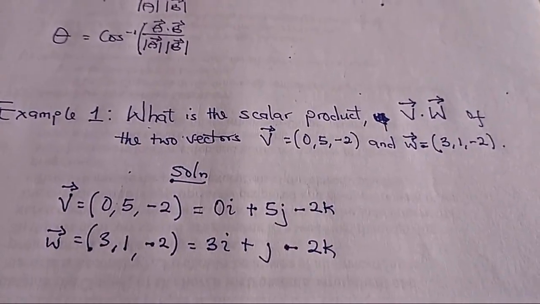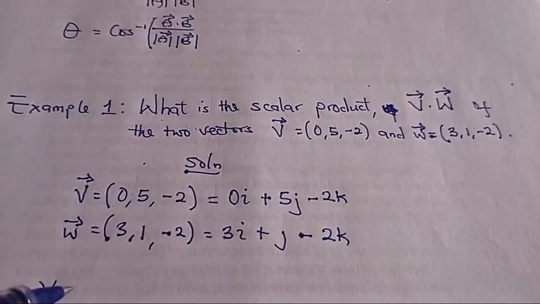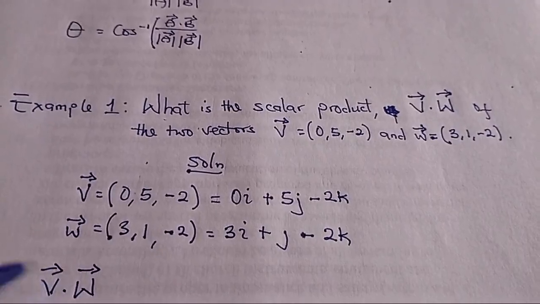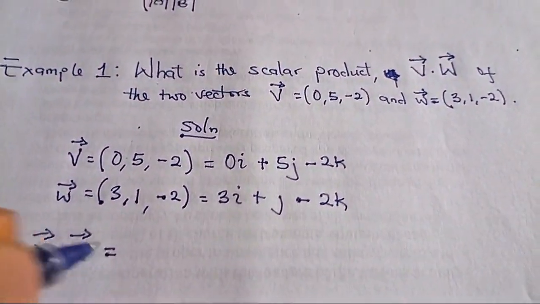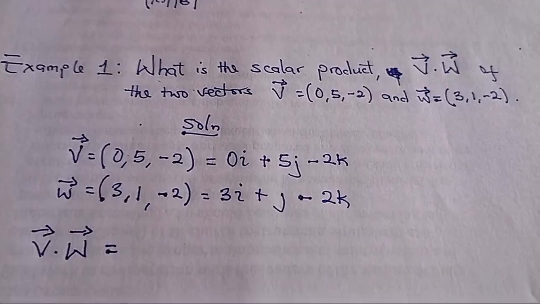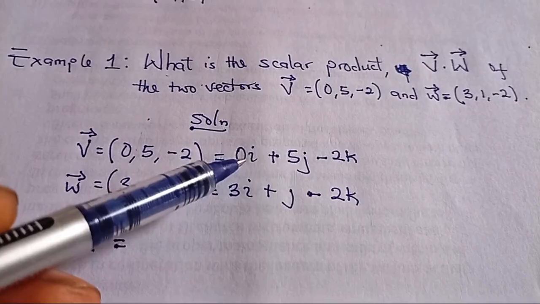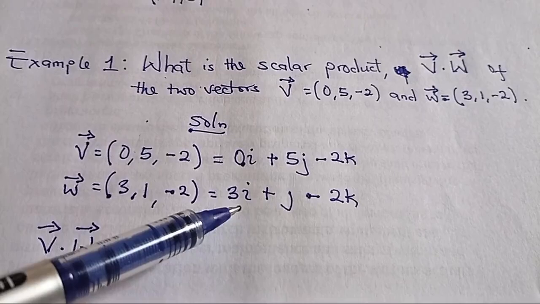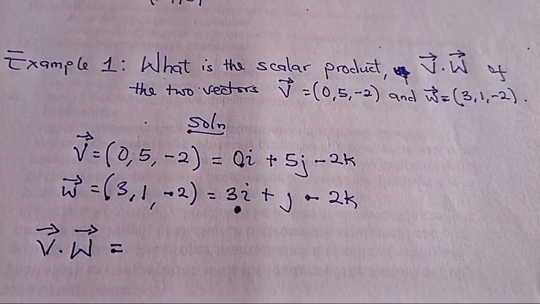So from this, our v dot w, which is a dot product or the scalar product of the two vectors, is equal to, remember, we are going to be multiplying component by component. So we are going to pick the i component in vector v and multiply it by the i component in vector w, and that applies to the rest of the components.